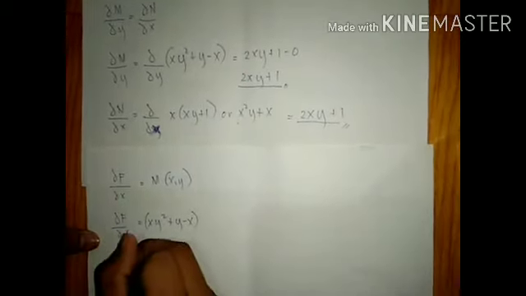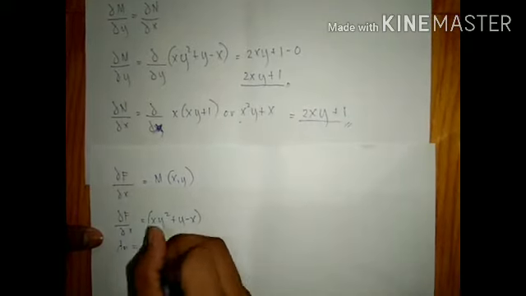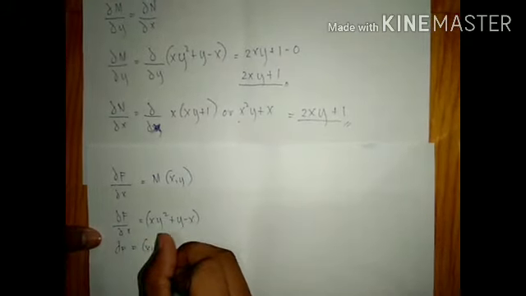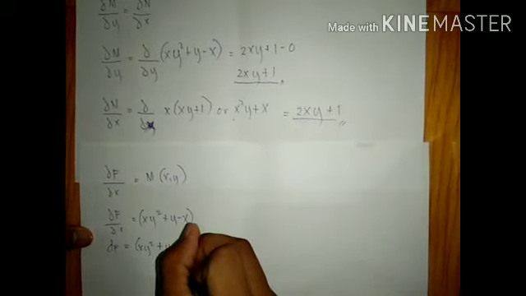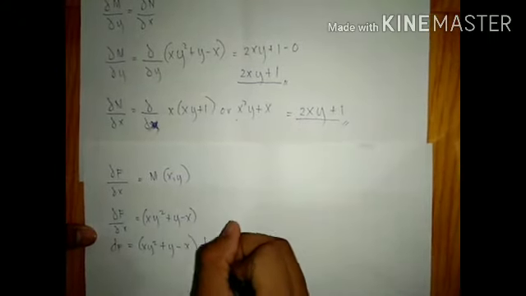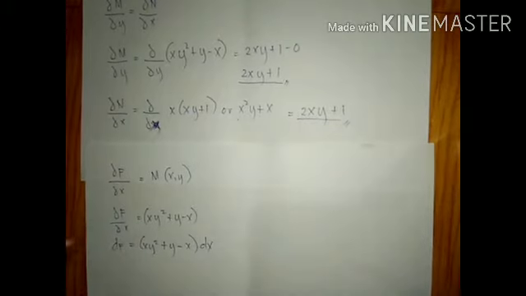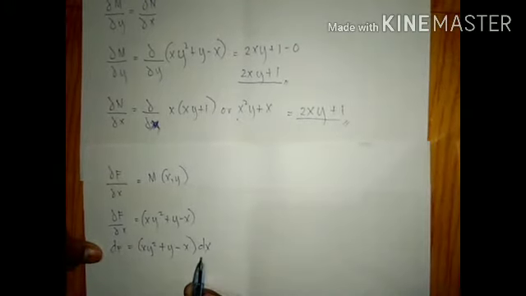So df equals x times (xy squared plus y minus x) dx.